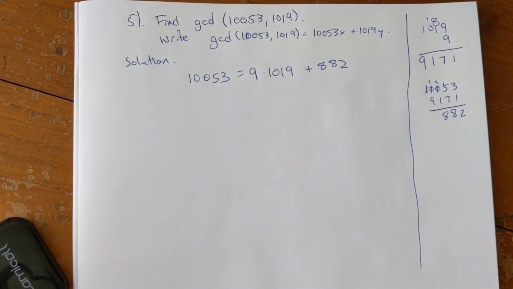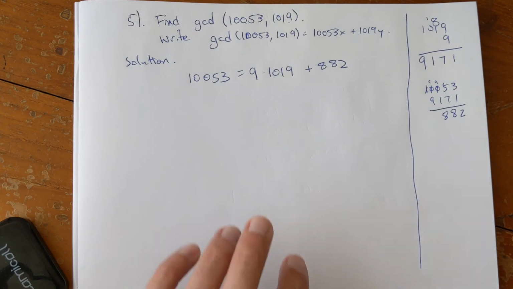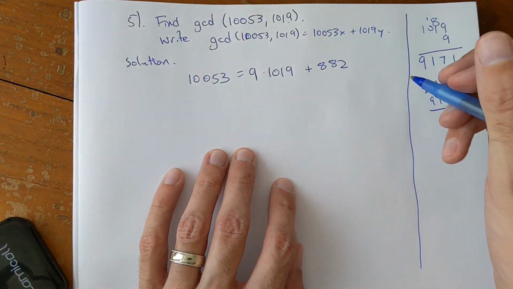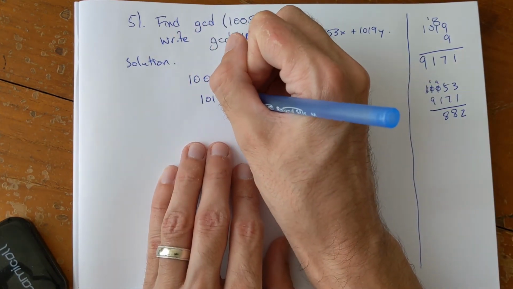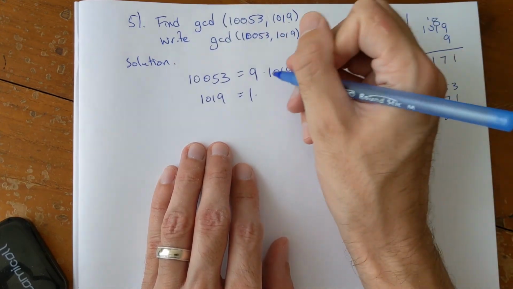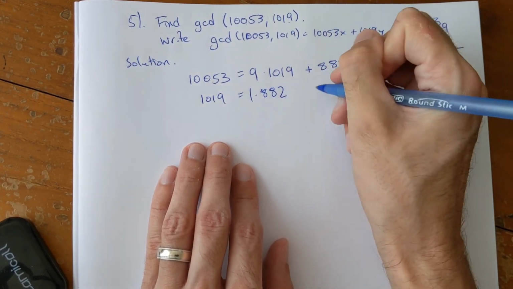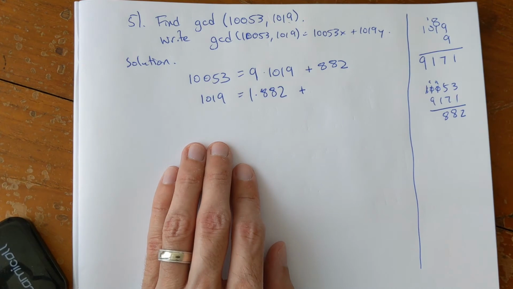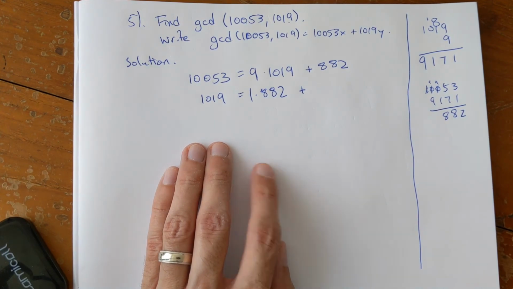Well, that happens too. Okay. And now 882 goes into 1019 once, with a remainder of not that much.